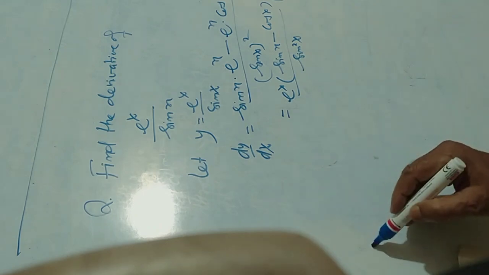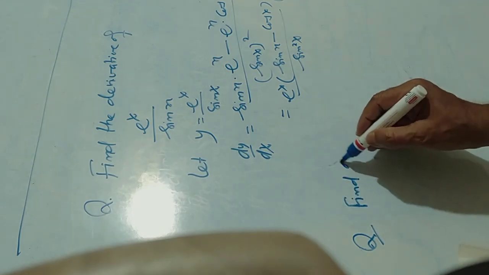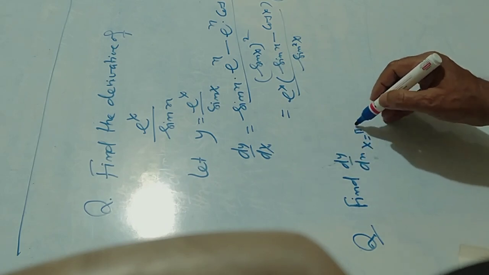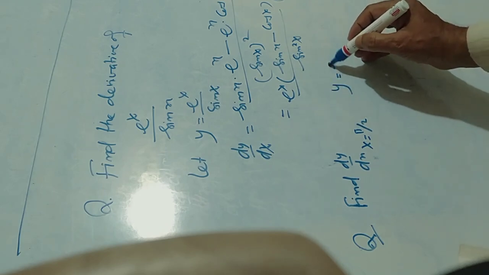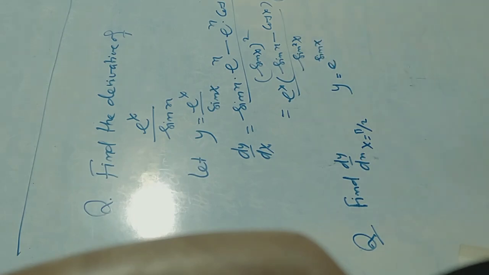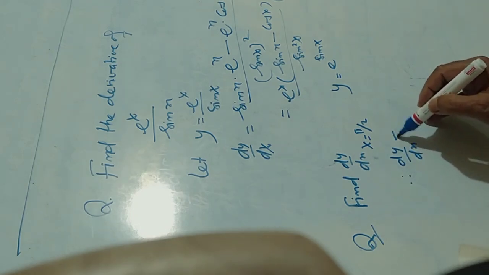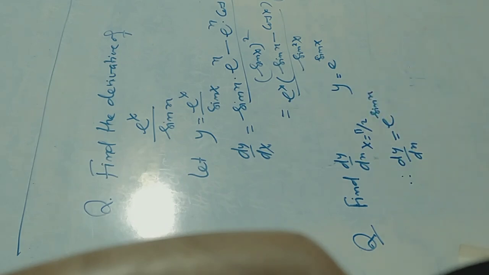Now the question is: find dy/dx at x is equal to pi by 2, where y is equal to e power sin x. First of all, dy/dx is equal to e power sin x into cos x.